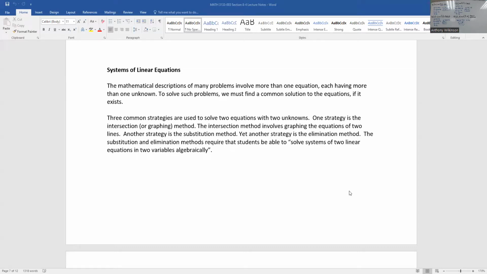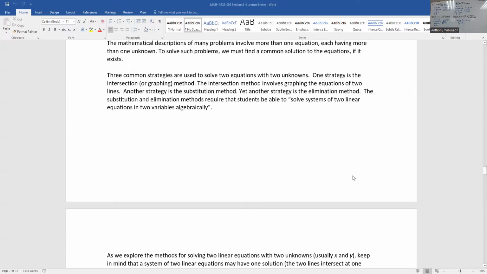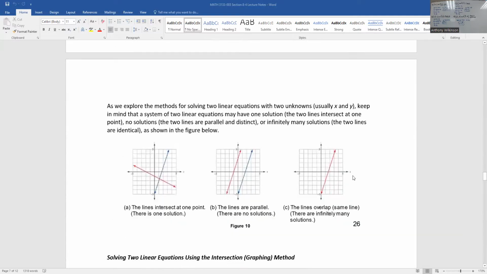So here we're going to pretty much focus on those three in this section. Okay. Now, I'll tell you that graphing two linear equations and finding the solution may be a little bit challenging, because you have to find out precisely where those two lines intersect. The substitution and elimination method uses algebra, because you can pretty much solve those systems of equations in two variables and come up with your solution.